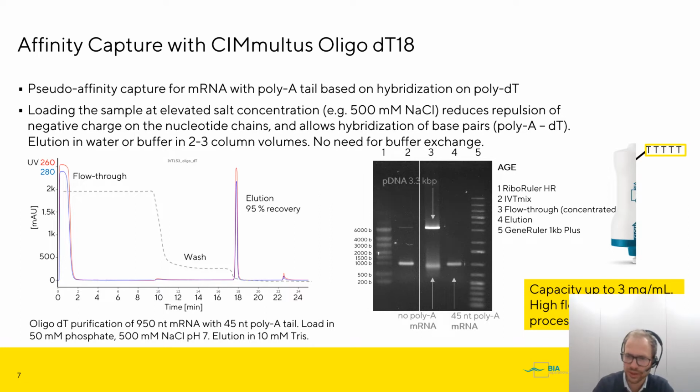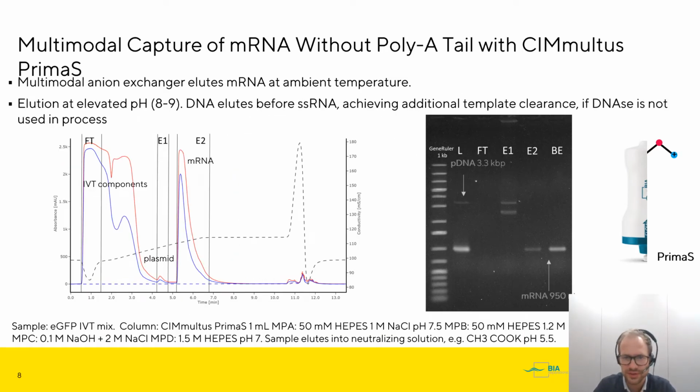But not all mRNA constructs contain a poly A tail, and so in such a case we can turn to anion exchange mixed with hydrogen bonding, so a multimodal ligand called PrimaS, to capture mRNA without poly A tail, but the approach also works for poly A containing mRNA.